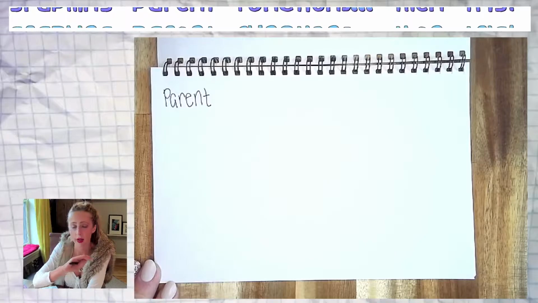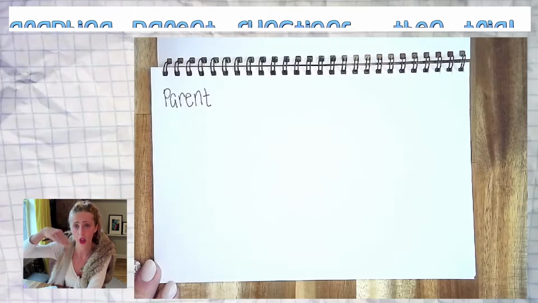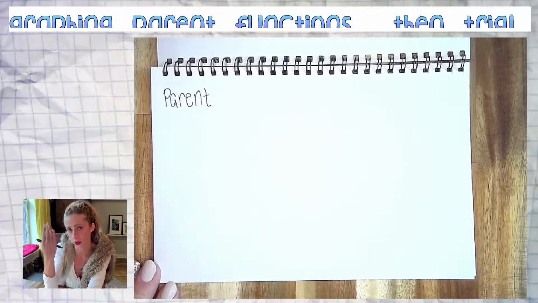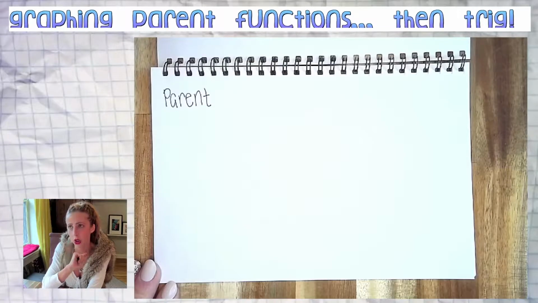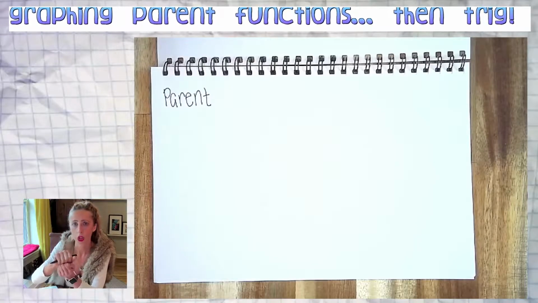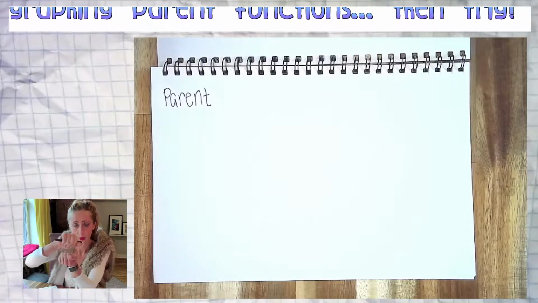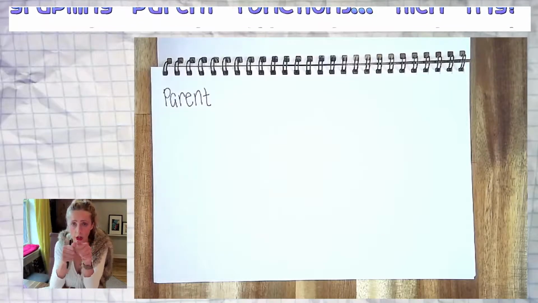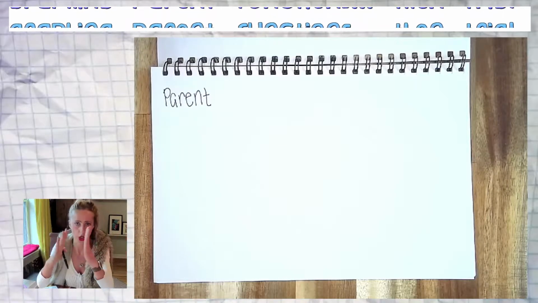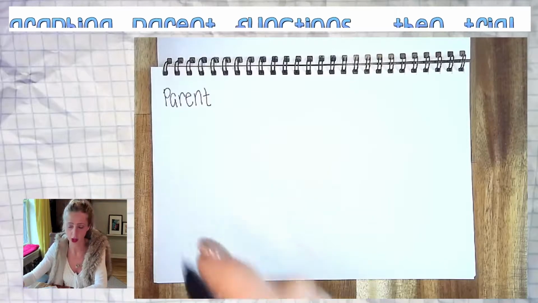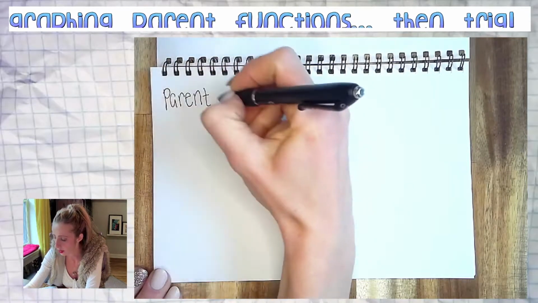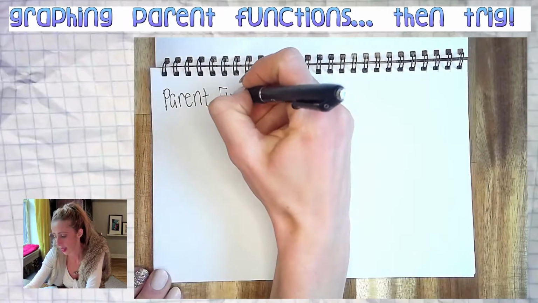It does not include any reflections, vertical or horizontal. And it does not include any stretches or compressions, vertical or horizontal. It's just plain Jane, okay? So the parent function, in this case, we're going to start with sine.